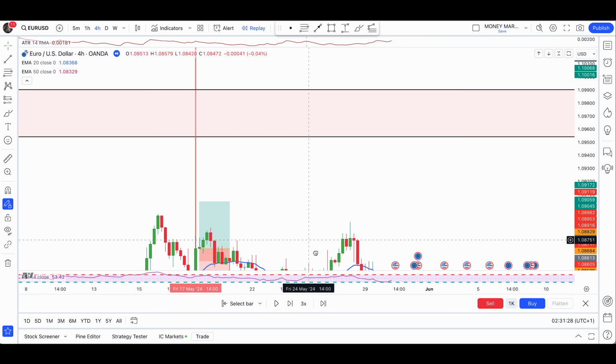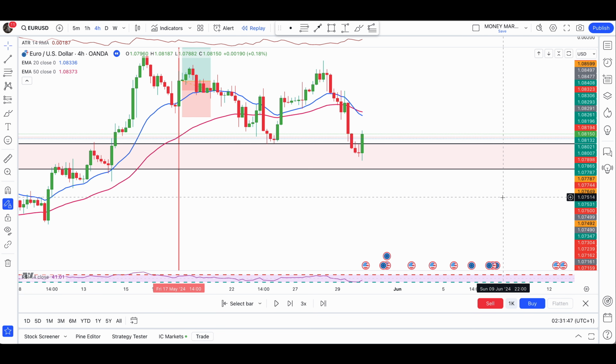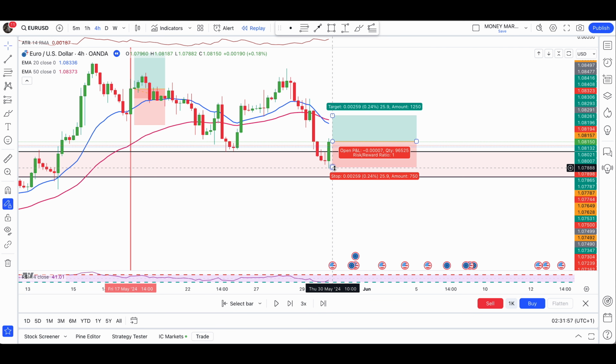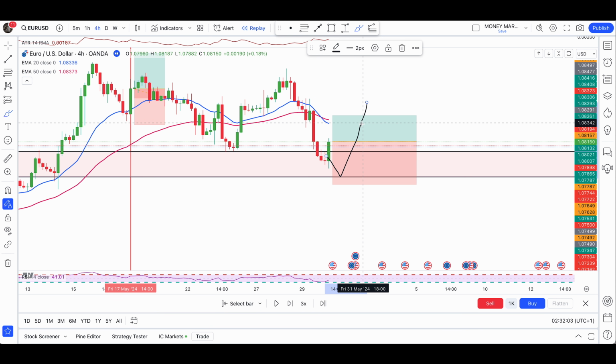For a quick refresher, the body must be bigger than the previous red candle. So as the price has now formed a bullish engulfing candle at the area of value at the support zone, I'm going to enter my trade right here and keep my stop loss below my zone to give it extra room, so that if the price pushes lower, it won't hit my stop loss.